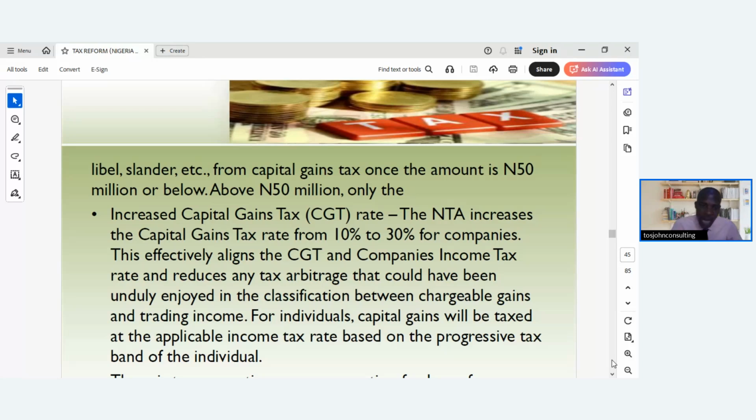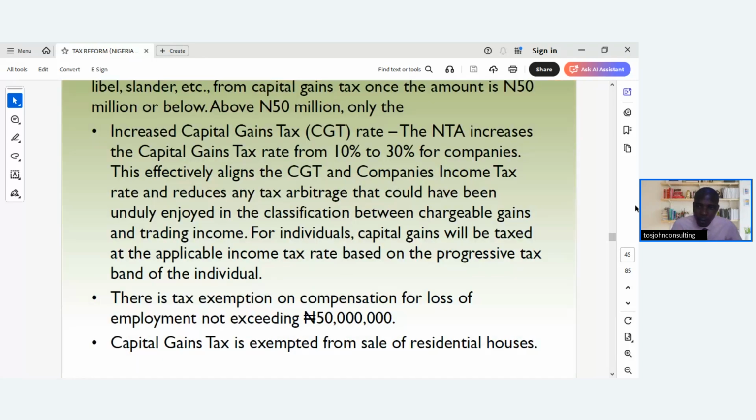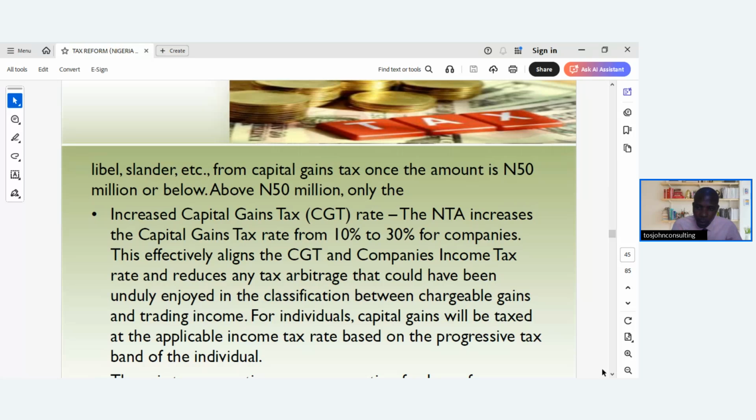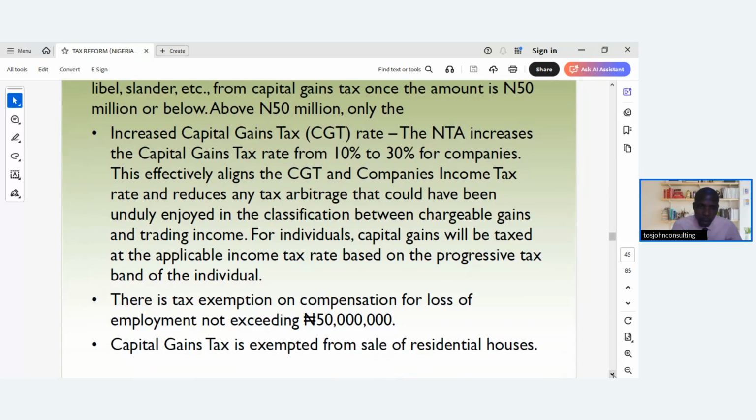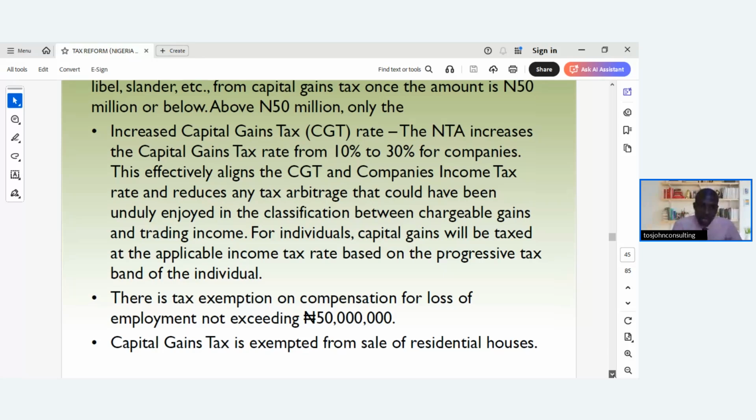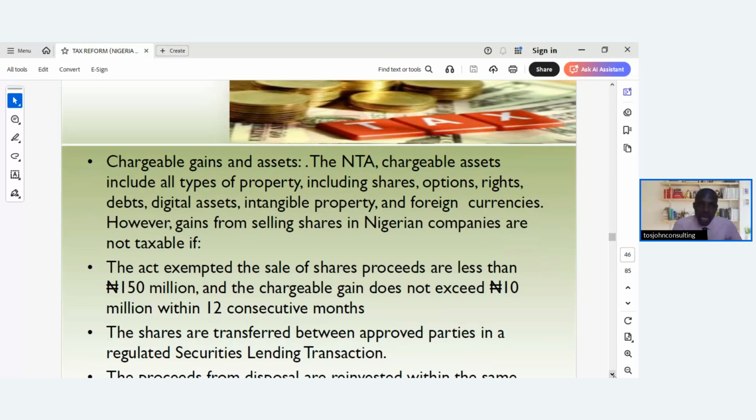We've told you this earlier on. There is tax exemption on compensation for loss of office, employment not exceeding 50 million. We've said this. Capital gain tax is exempted from sales of residential houses. We said this.